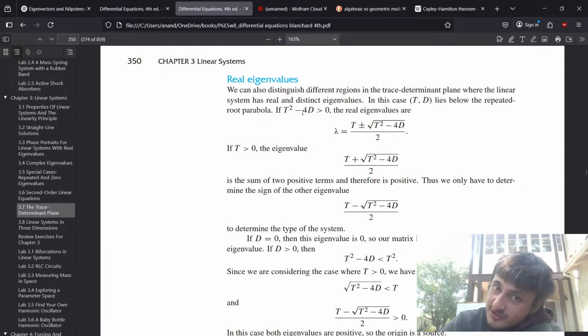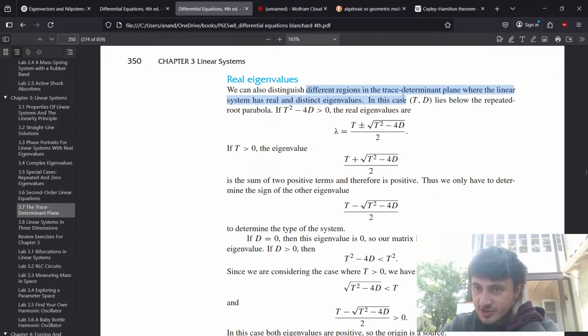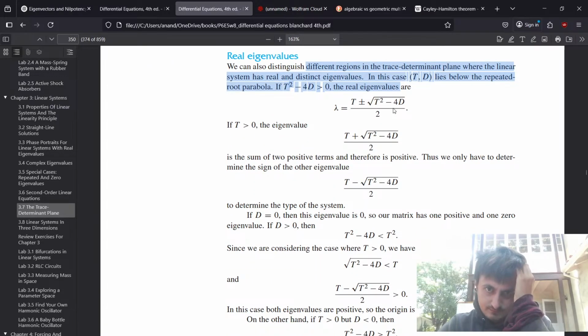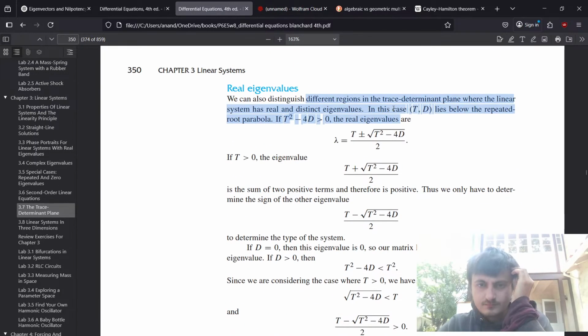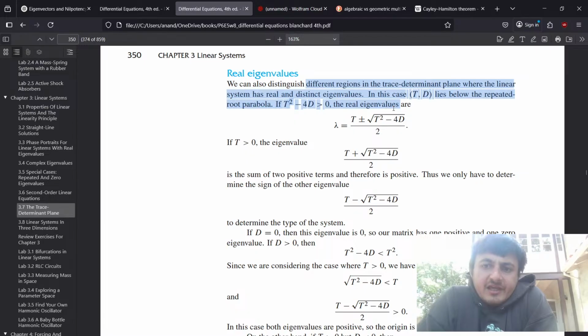All right, real eigenvalues. We can also distinguish different regions in the trace-determinant plane where the linear system has real and distinct eigenvalues. In this case, (T, D) lies below the repeated root parabola.